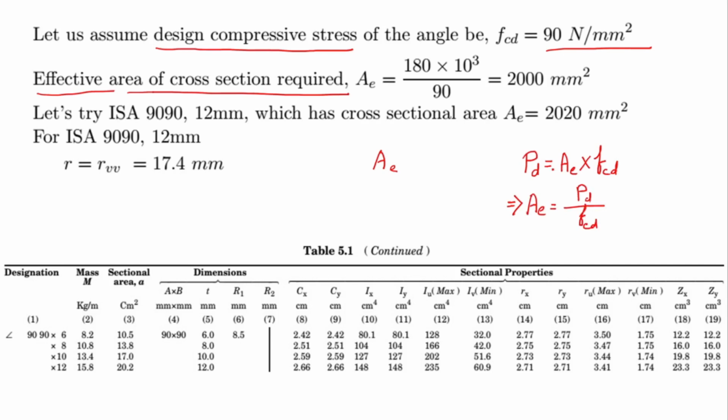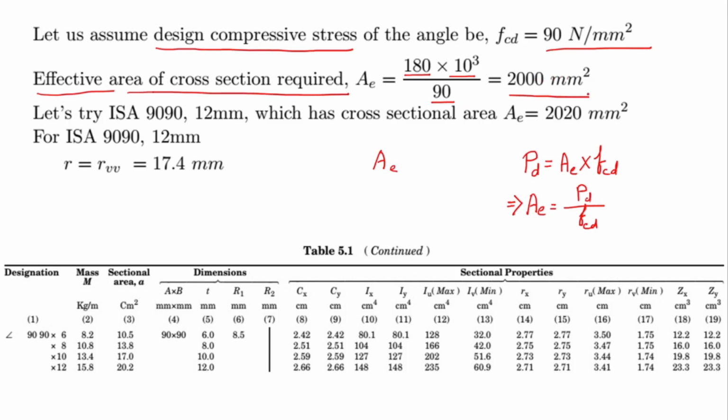Here Pd will be assumed as the given factored load, that is 180 kN. If I convert to Newton, I have to multiply it by 10³. Then fcd is 90. So the required effective area of cross section is 2000 mm².